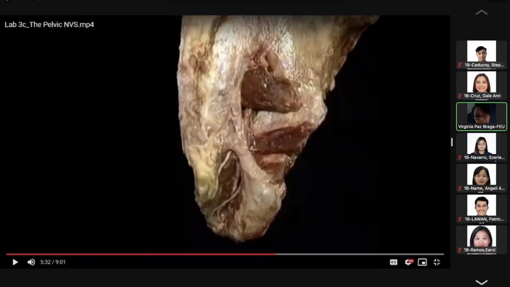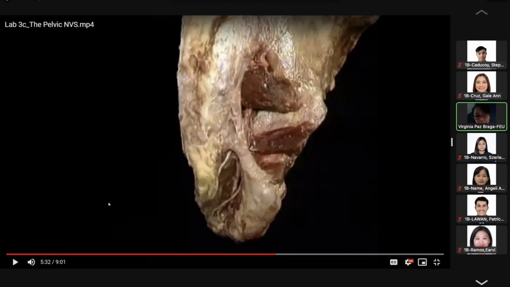Okay, what was that nerve that was just discussed? The pudendal nerve. So it also passes through the greater sciatic foramen, goes down, goes to the back, and then passes again through the lesser sciatic foramen. What is the accompanying structure of the pudendal nerve, which, if you trace it, has the same route?